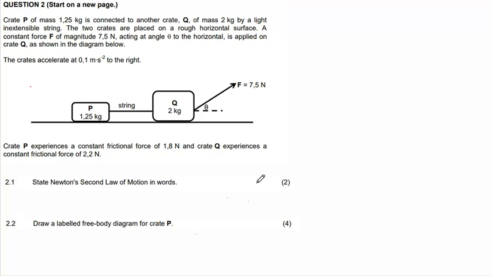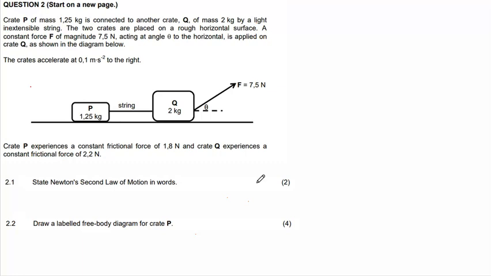So this is from the past paper and they want us to answer the following questions, but let's make sure that we understand the statement and the diagram, and we also know the forces that are acting on these two crates.